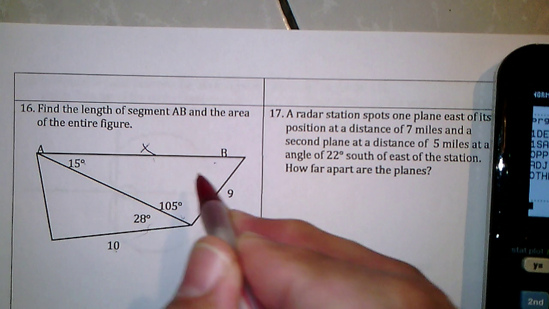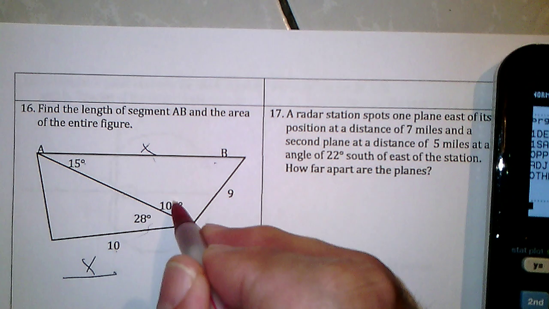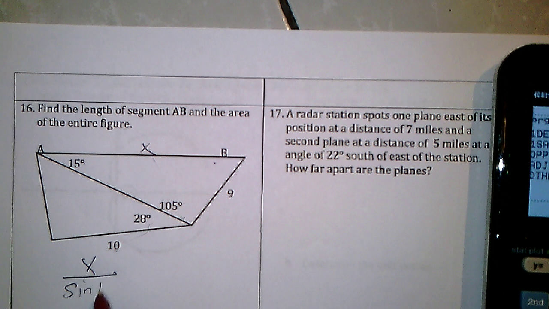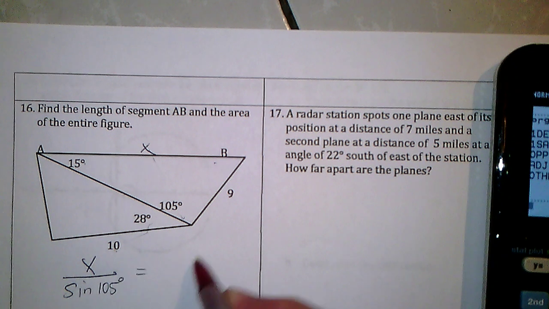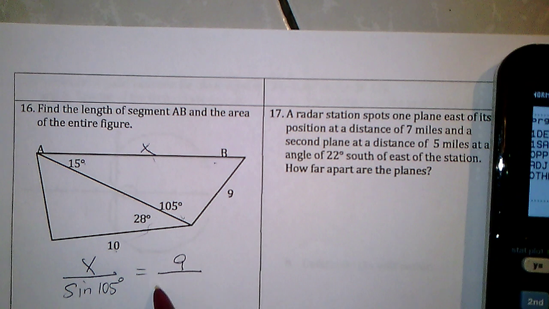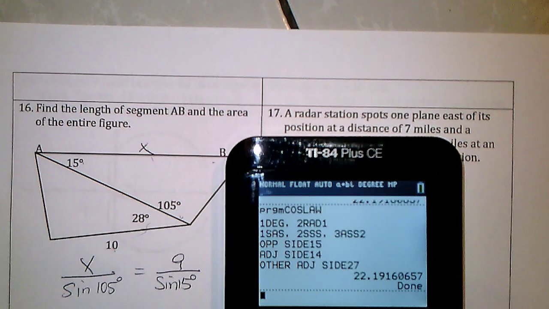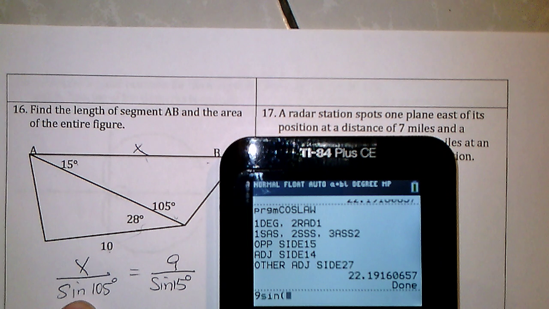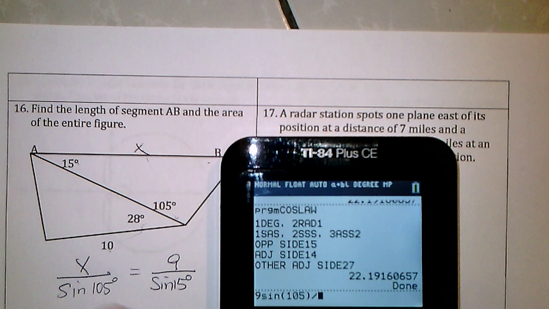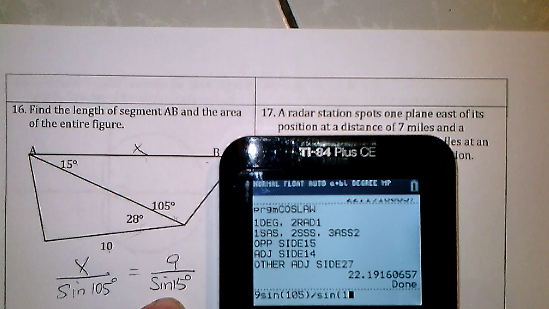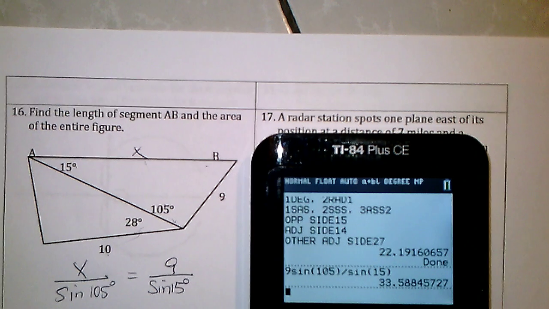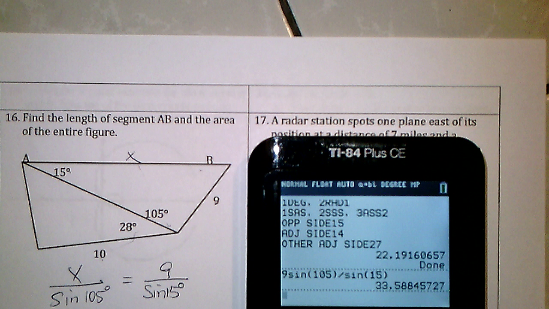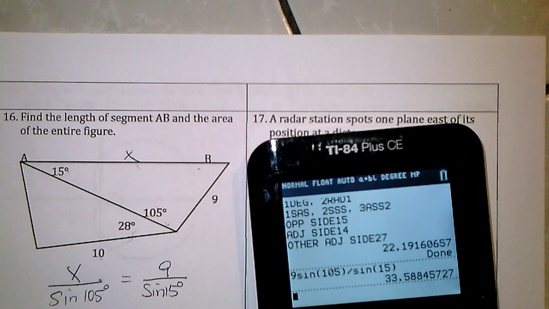Law of sines says x over the sine of the angle opposite equals another side over the sine of the angle opposite. So we just have to do 9 times the sine of 105 divided by sine of 15, and we get x to be 33.59.